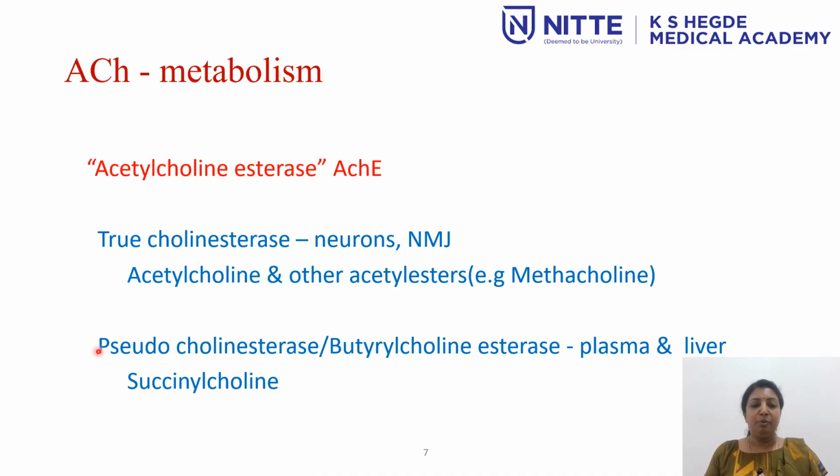The other type is pseudocholinesterase or butyryl cholinesterase, also called plasma cholinesterase. It is present in the plasma as well as in the liver. It is mainly responsible for the degradation of succinylcholine. It can also degrade acetylcholine but very slowly, but not methacholine or other acetyl esters.